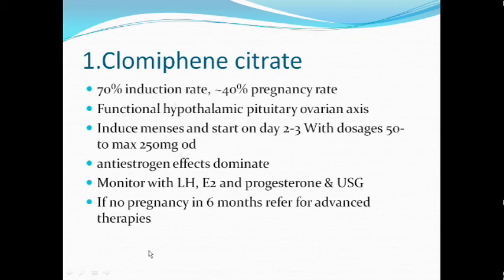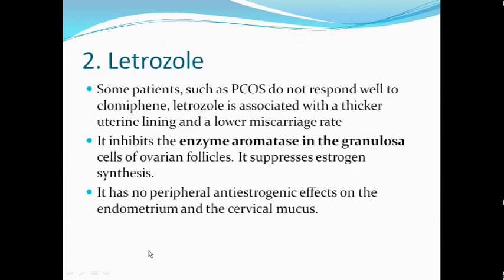While in case of letrozole, because it inhibits the enzyme aromatase in the granulosa cells of the ovarian follicle, it again acts at the hypothalamic and pituitary level, causing an increase in FSH and LH levels, but there is no peripheral anti-estrogenic effect on endometrium and cervical mucus.